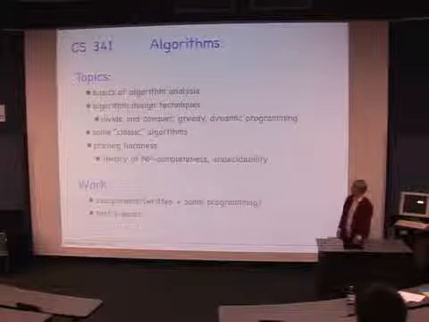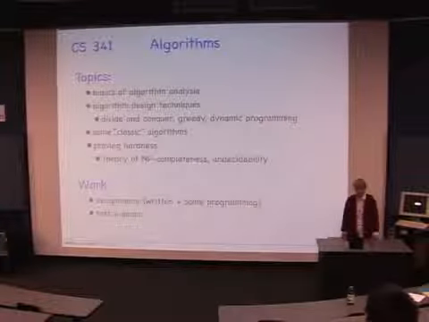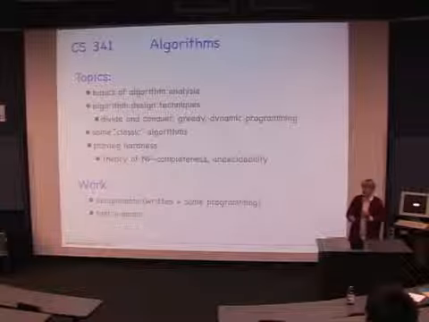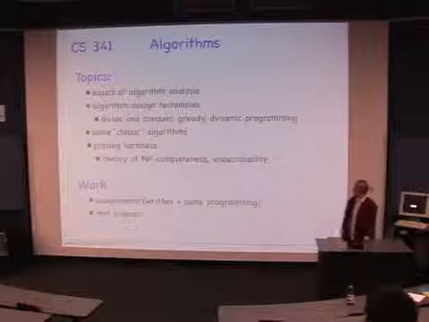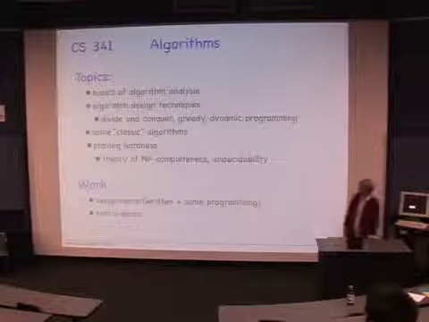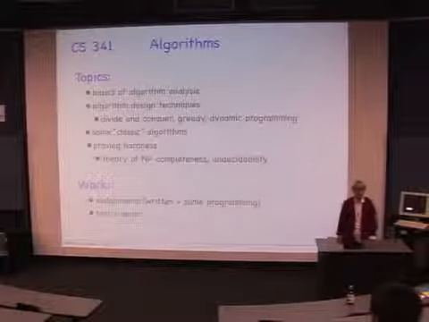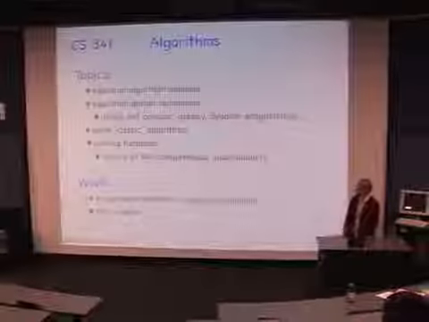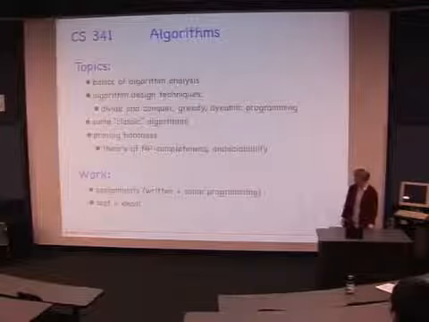It's a very handy technique. Then we study some classic algorithms. These are ones that you're not expected to be able to come up with, but every computer scientist should have them in their repertoire. And then we look at some problems that we can't seem to find efficient algorithms for, and why this is. So the theory of NP completeness and undecidability.